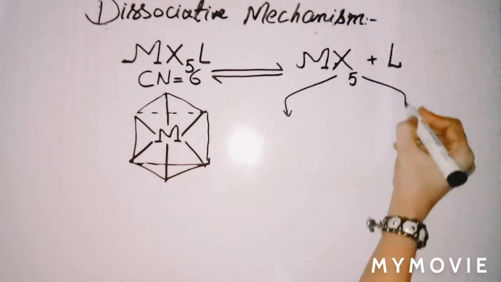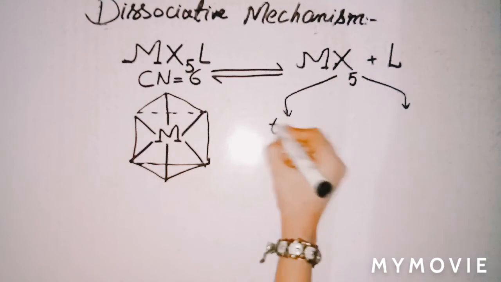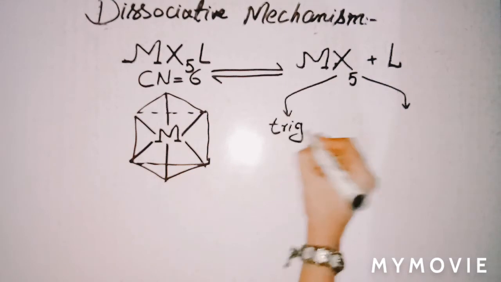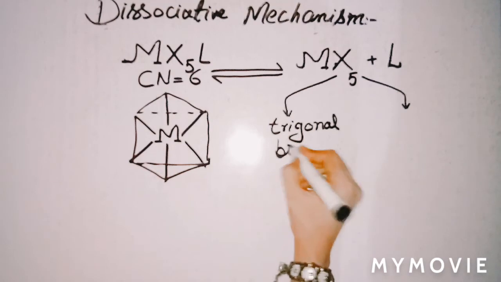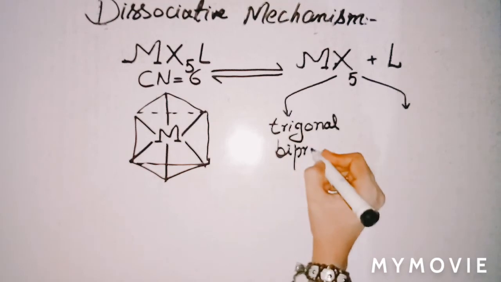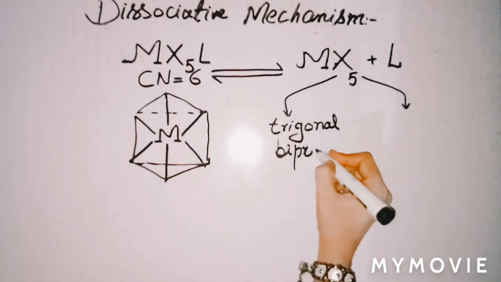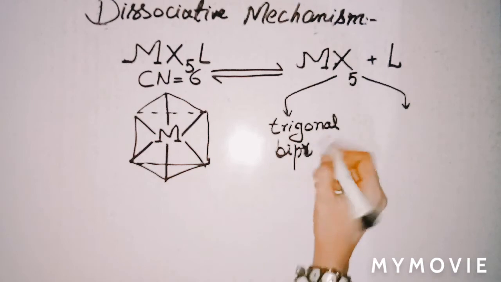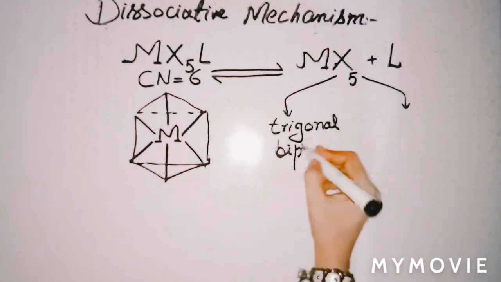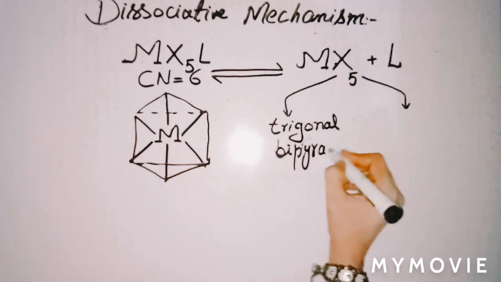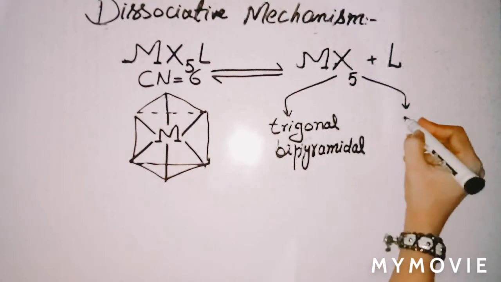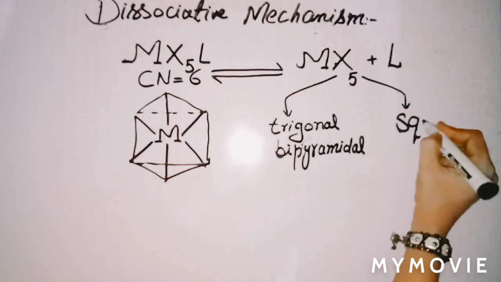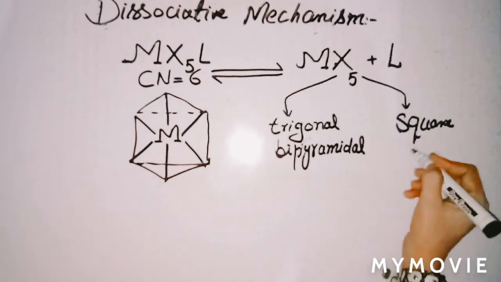The first possibility is trigonal bipyramidal, and the second one is square pyramidal.